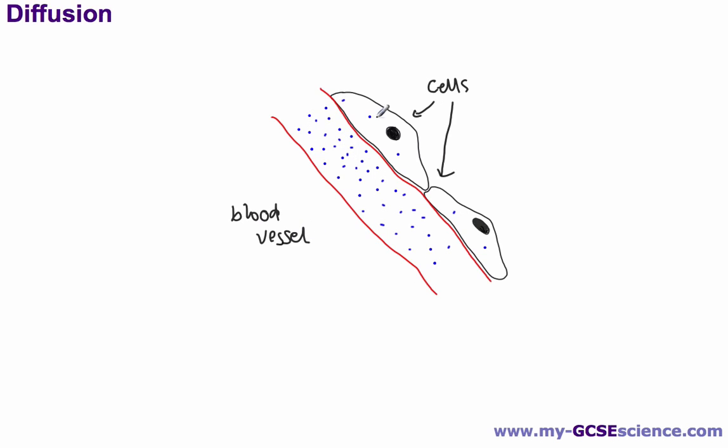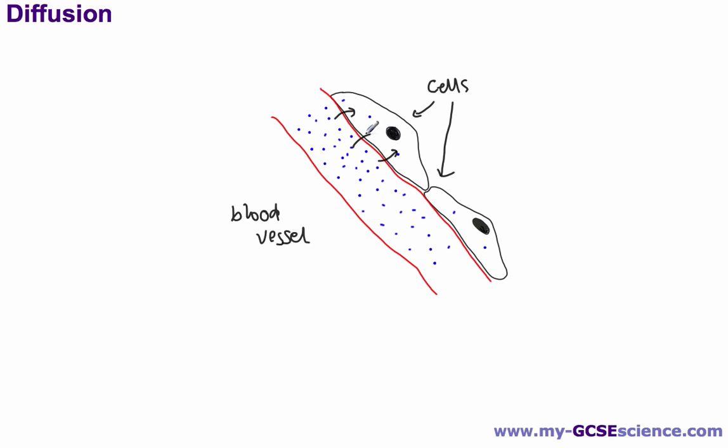So you can see inside the cells there are very few particles of oxygen, and in the blood it's actually within the red blood cells, but just for the sake of illustration I've drawn it spread about everywhere. But in the blood vessel we've got the particles of oxygen, and there's a much higher concentration. So we're going to see the particles moving down the concentration gradient, which is into the cells.